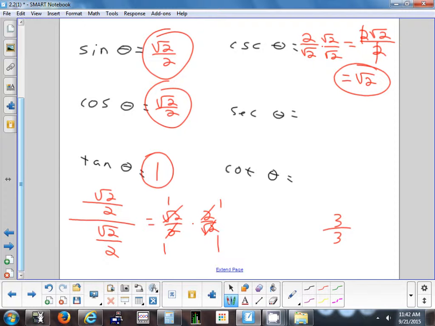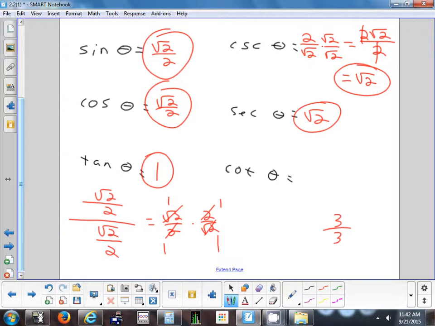What's my secant going to be? Same thing. Why is it the same thing? If the sine and the cosine are the same, then your secant and your cosecant are also the same. So why waste the time to do all the work again? And cotangent. 1.